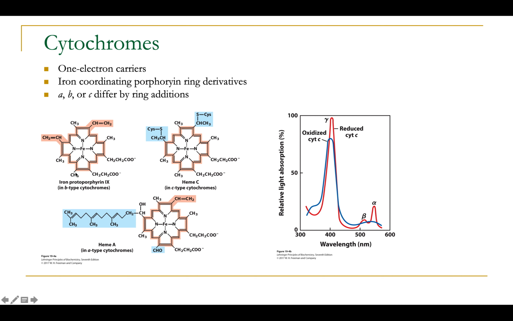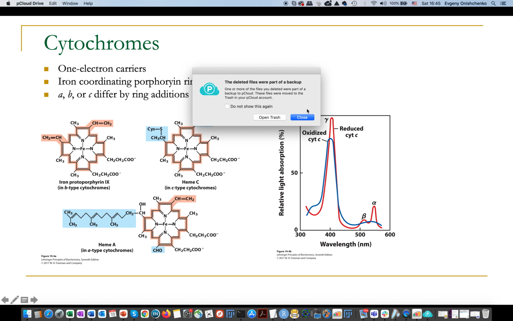So why are cytochromes called cytochromes? The reason is that the cytochromes are very efficiently absorbing light. And this deals with the fact that the heme represents a highly delocalized system of electrons generated by porphyrin rings, which is very efficiently absorbing the light.